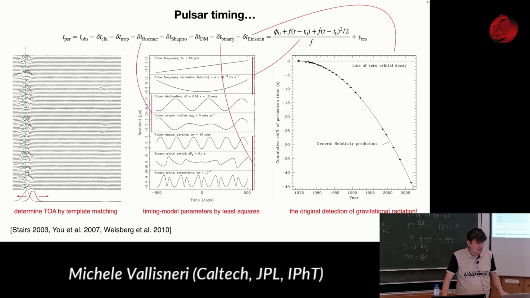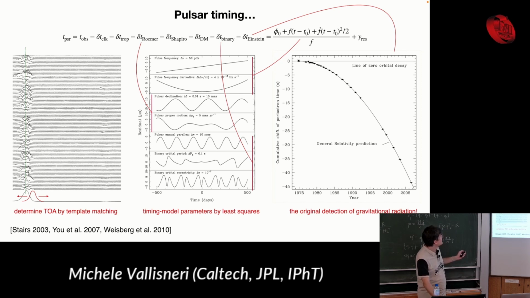From this, you get a very interesting data analysis with lots of details that works surprisingly well. Individual pulses don't look very regular, because while the rotation of the pulsar is very regular, there's a stochastic emission process superposed on top of that. But once you average hundreds of thousands of these pulses, you get a very stable profile.